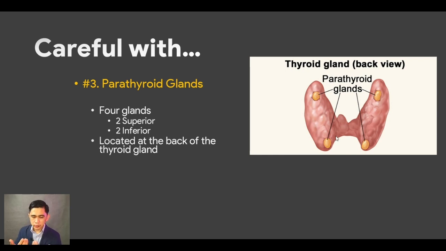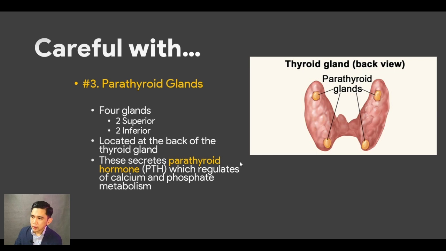So we have to separate it from the thyroid gland because it may become damaged if you get it without identifying it. These glands secrete parathyroid hormone or PTH, which regulates calcium and phosphate metabolism of the body.